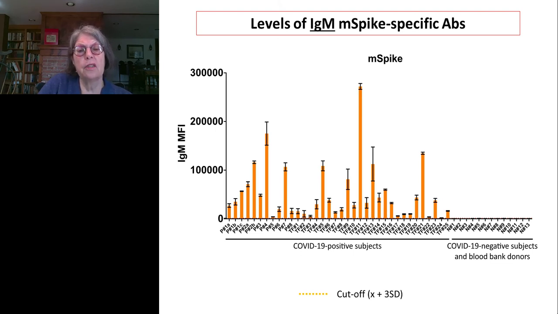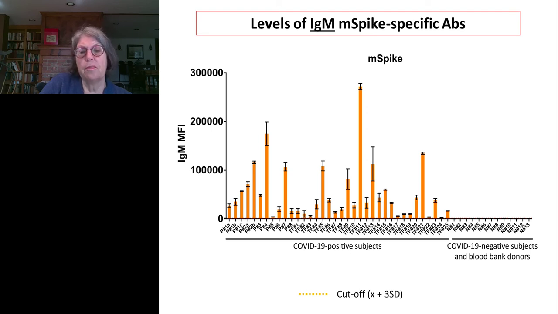And then the second quartile was between 50,000 and 100,000, and we counted the number of specimens that fell between 50 and 100,000. And then the third quartile was between 100 and 150,000 MFI, and then the fourth quartile was anything over 150,000 MFI.